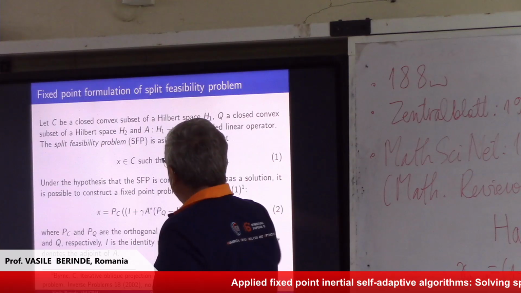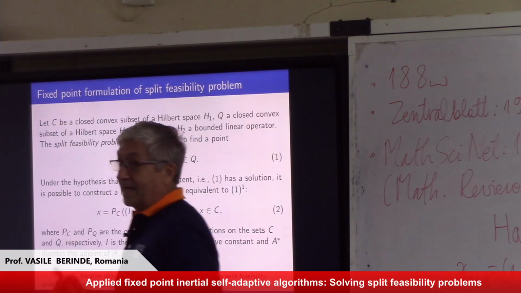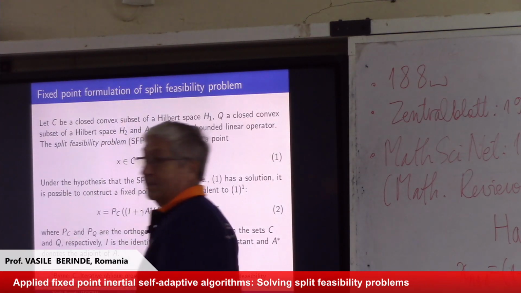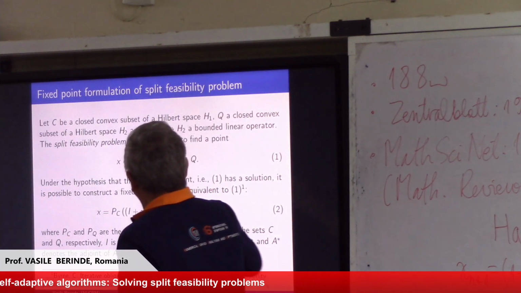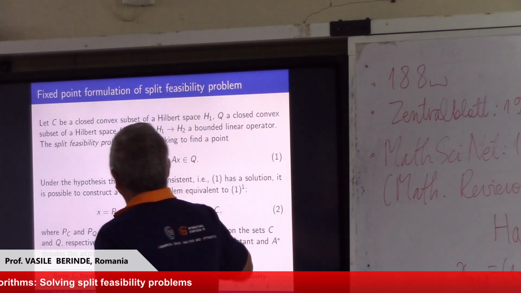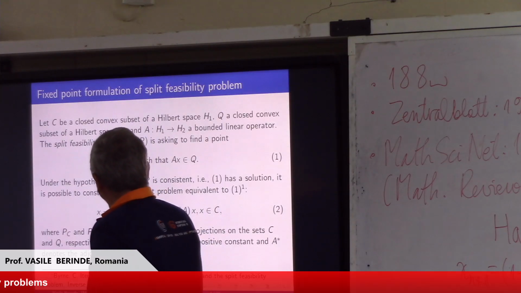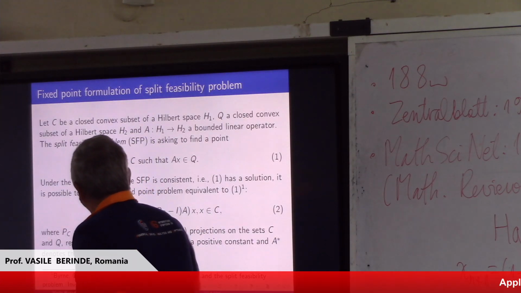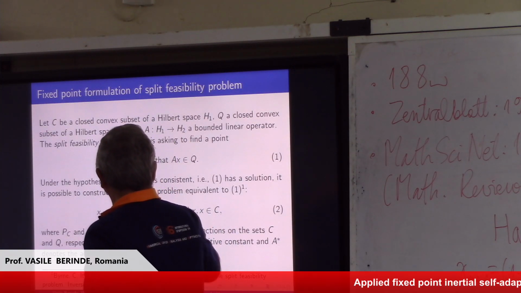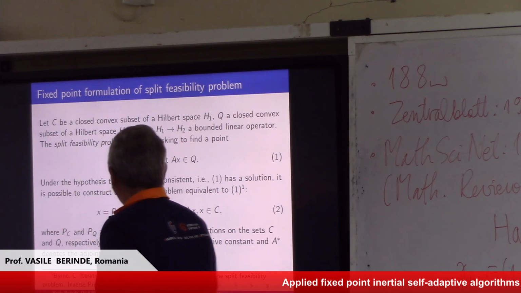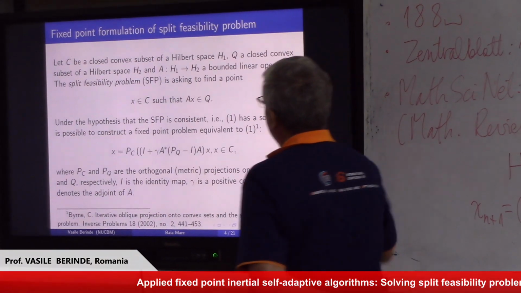So it is known that such a problem, look how it is stated, is actually a fixed point problem. The x which satisfies this problem is the fixed point of this operator T. But look, here we have two elements: P_C and P_Q are the metric projections. We should be familiar with the metric projection.